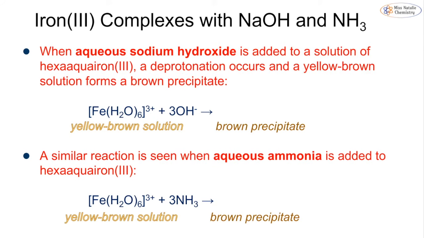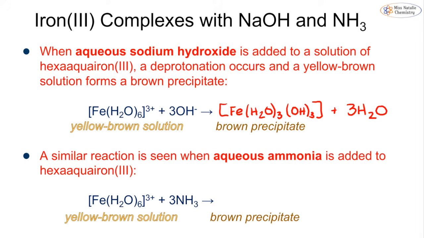For iron 3 complexes, they react in very much the same way where we make the same precipitate each time. Notice the difference here, we're having to react it with 3 moles of the sodium hydroxide, and that means that we have 3 water ligands that have each been deprotonated, and we make the 3 waters with the sodium hydroxide.